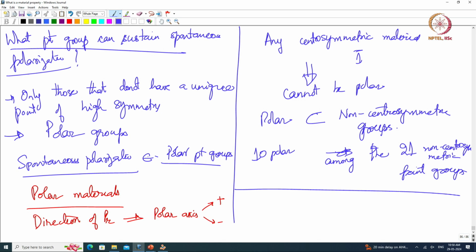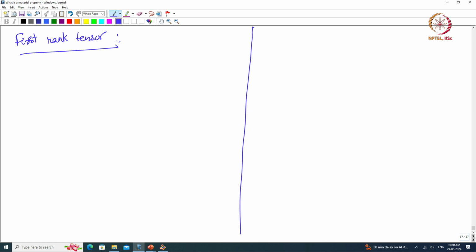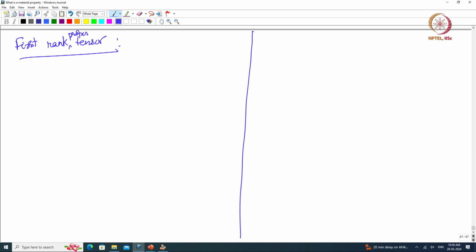Okay. All right. Now, I can look at any first rank property tensor, and we said the first rank property tensor we know of is the pyroelectric coefficient pi I, right.